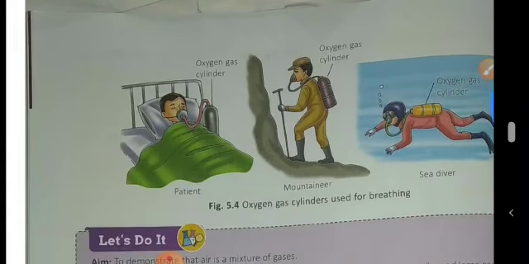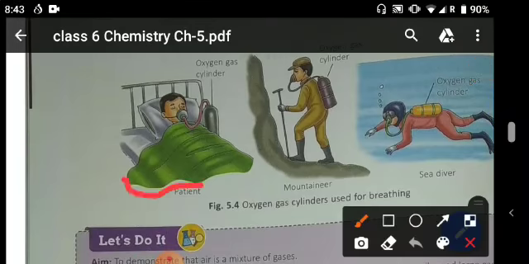Then see here in this picture. There is an asthma patient. He is using an oxygen gas cylinder for breathing. Here a mountaineer uses an oxygen gas cylinder. A sea diver uses an oxygen gas cylinder. For what purpose? To fulfill the oxygen requirement.